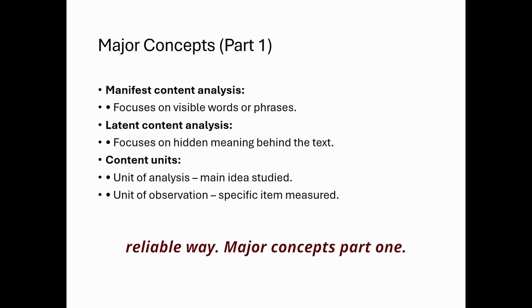Major concepts part 1. Let's talk about some key concepts. Manifest content analysis focuses on visible things like words or phrases. We can count them and get numbers. And latent content analysis looks at the hidden meaning behind the text, mostly used in qualitative research.